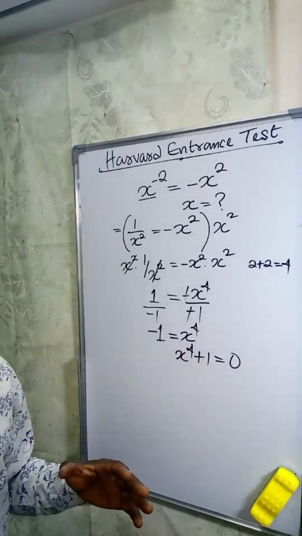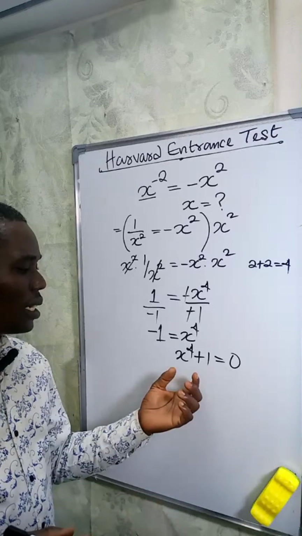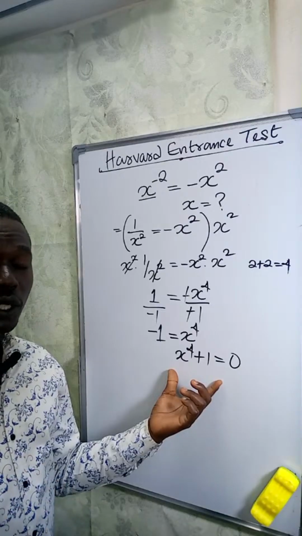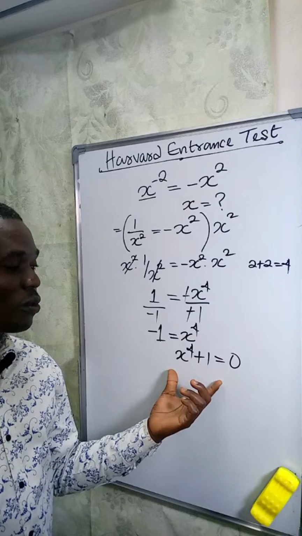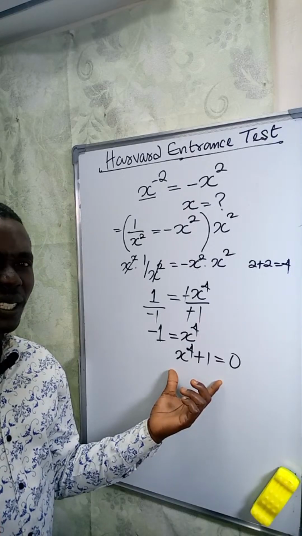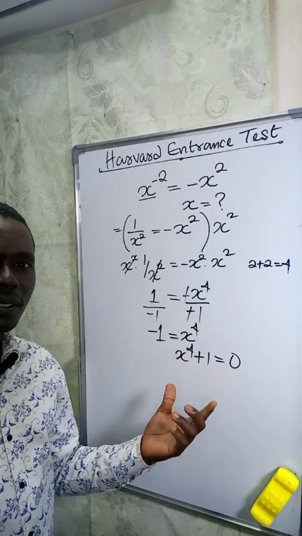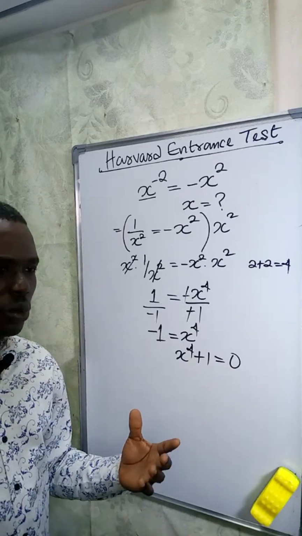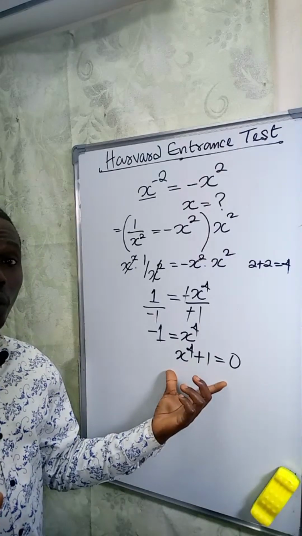Now, we have a very good algebraic expression that we can expand in order to solve for x. Now, at this point, what do we do? This is a tricky one indeed, and we need to factorize. Of course, it's an algebraic expression, and we have to factorize.